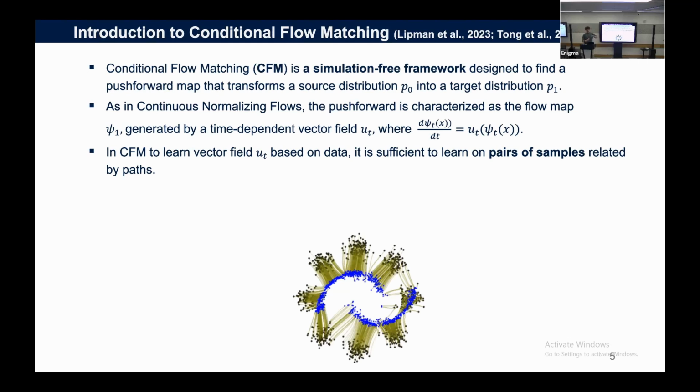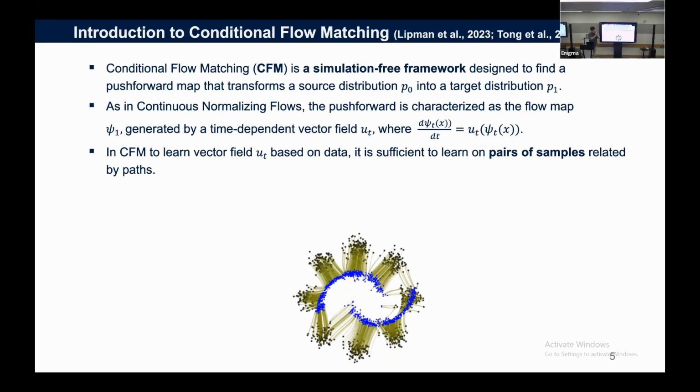You have to call your numerical solver every time during training, and you have to backpropagate through it. That's what, in the generative modeling literature and community, we refer to as simulations. So simulations means that in training, you have to solve differential equations and backpropagate through them.